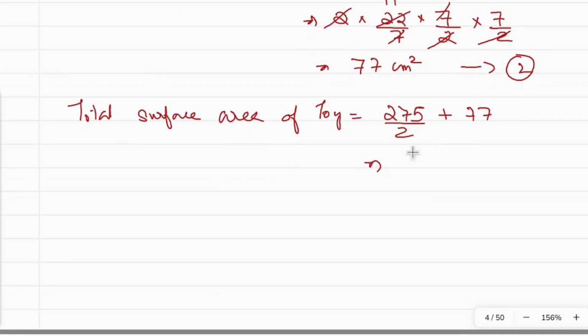Taking the LCM, 275 by 2 means 137.5, plus 77. What is 137.5 plus 77? It is equal to 214.5 centimeters square. Thus, we found the total surface area of the toy. The total surface area of the toy is 214.5 centimeters square.